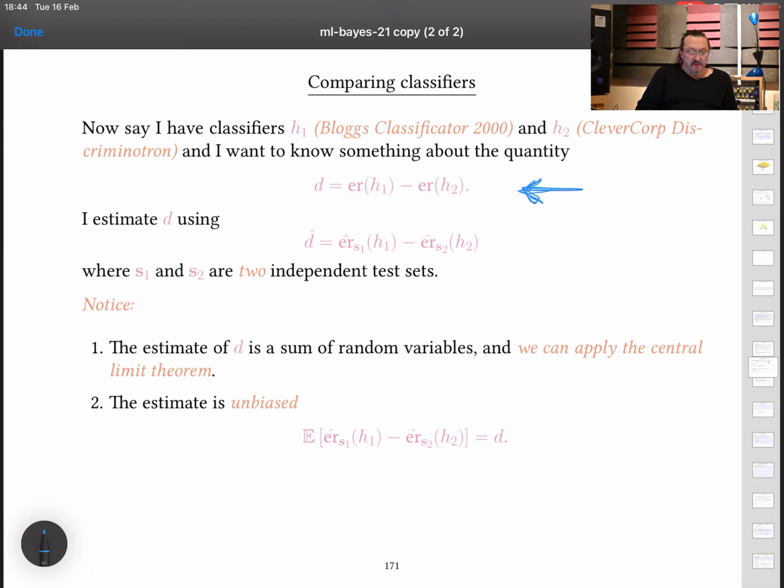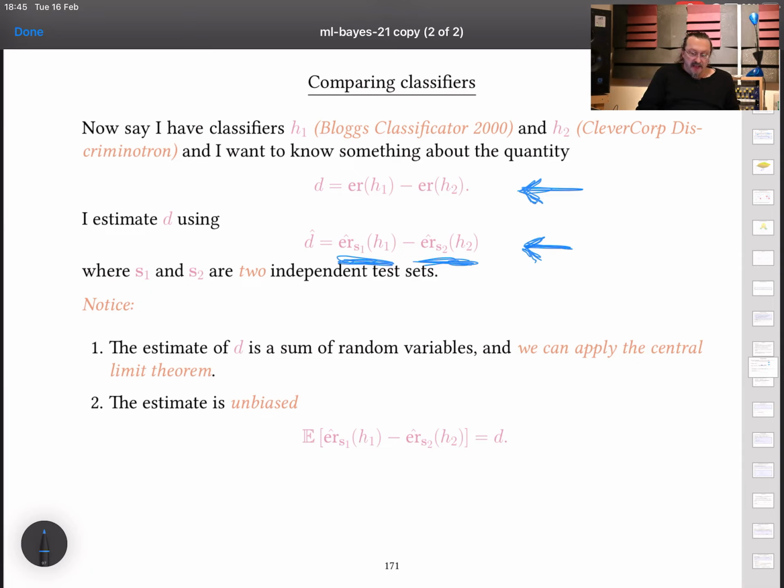But this fits perfectly happily into the framework that we already have. Okay, I can just estimate that difference, d hat, by estimating the error of the first classifier h1 and estimating the error of the second classifier h2 on a couple of independent test sets.